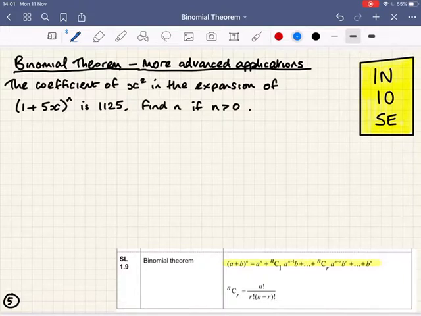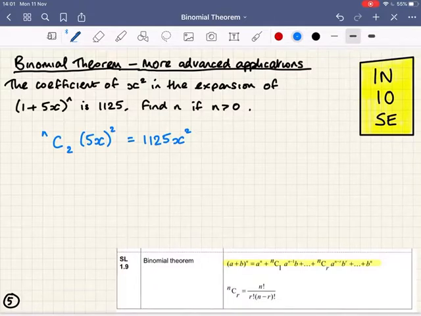We know that nC2 multiplied by 1 to the power of something, which disappears, and then by 5x all squared would give an answer of 1125x squared, because we're told our coefficient is 1125.